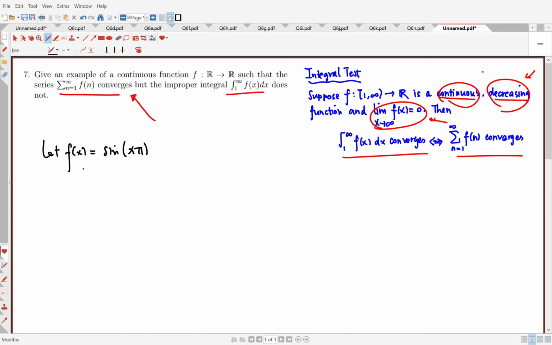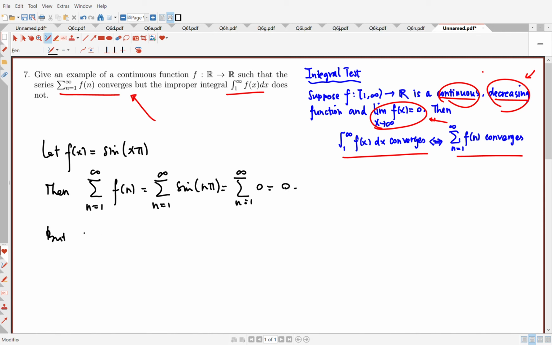Okay, then the sum n from 1 to infinity of f(n) is just the sum n from 1 to infinity of sine of n pi, and this is just the sum of zeros, and this is equal to 0.